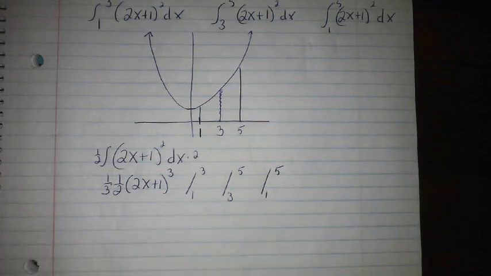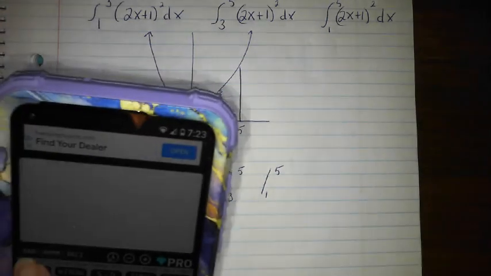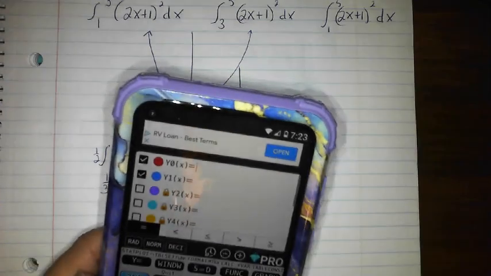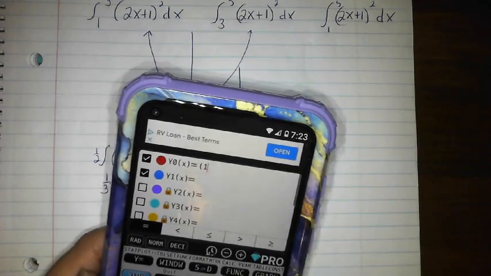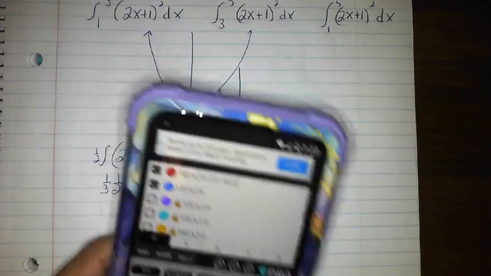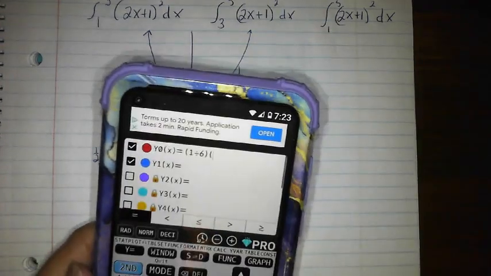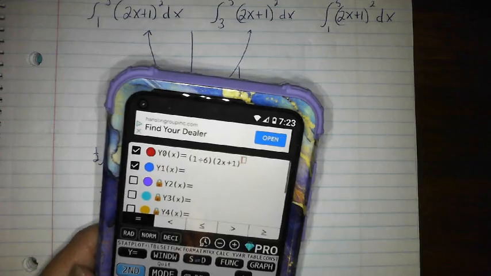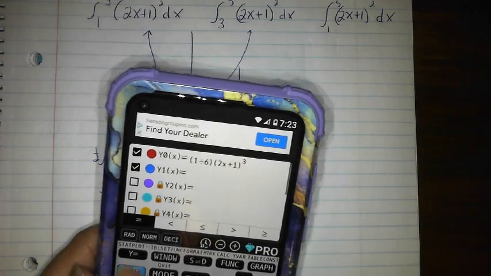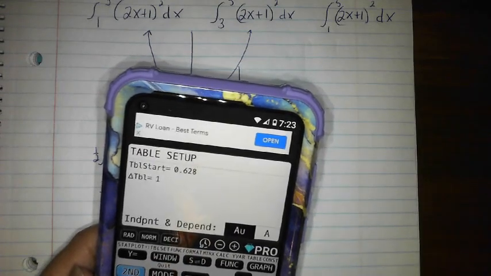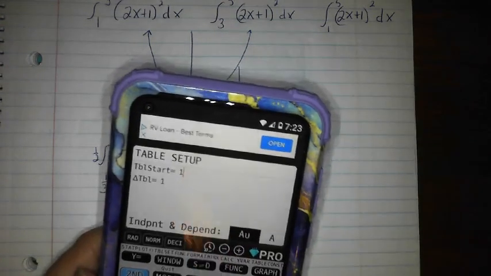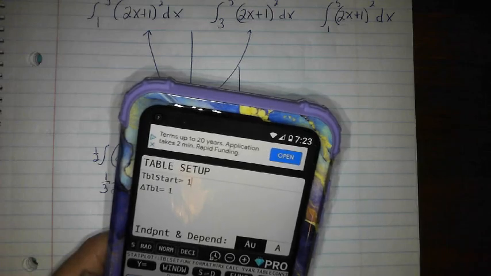So let the table do all of this work. So y equals 1/6 times 2x plus 1 cubed. Table set. We'll just have it start at 1, go by ones, and jump to what we need.